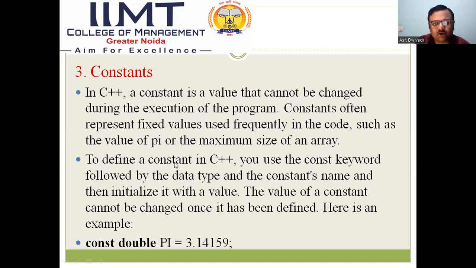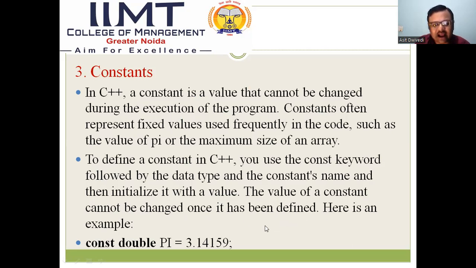To define a constant in C++, you use the const keyword followed by the data type and the constant's name, and then initialize it with a value. The value of the constant cannot be changed once it has been defined.